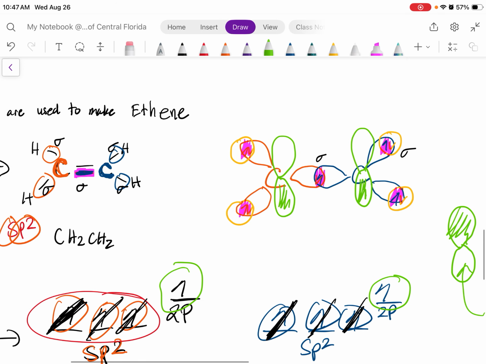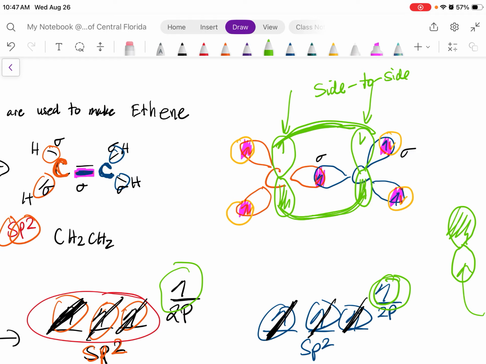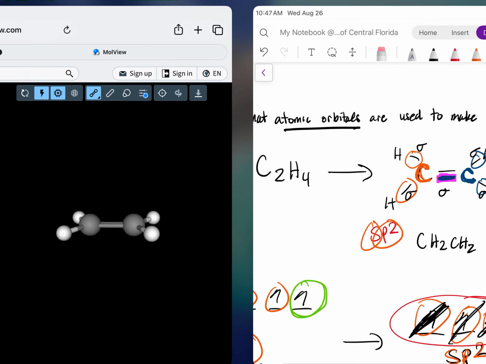Okay, how many electrons come in this p orbital? Only one of them. And how many come in this p orbital? Only one of them. And so now what we have is side to side orbital overlap. And that's going to be above and below this bonding axis, right through there, that bonding axis, which is also represented here.